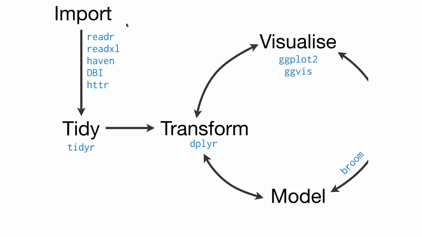Now, typically the first thing you'll do once you've got your data into R in a tidy format, you'll start by doing some transformations. That's things like creating new variables that are functions of existing variables, or maybe aggregating or sorting your data. And then there really, to me, are two main engines of insight discovery: visualization and modeling.